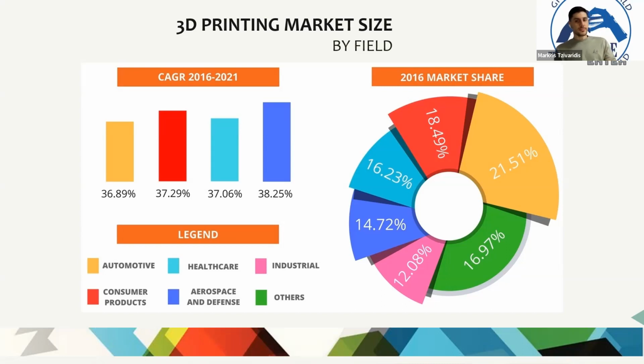The second field, the red one, is the consumer products, from useful objects like clips and tools to cosplay stuff like a 3D printing sword, or something, let's say, Iron Man's helmet, for example, whatever.